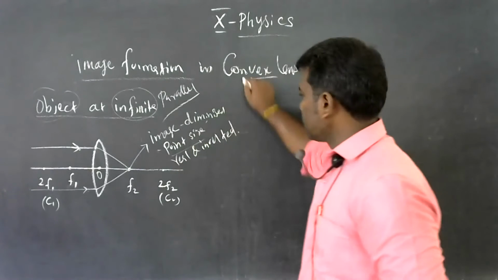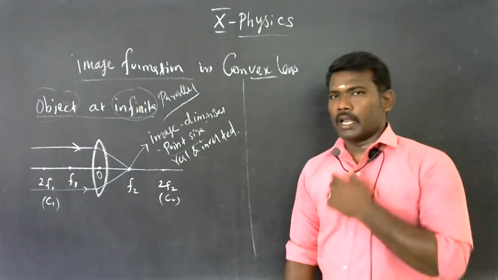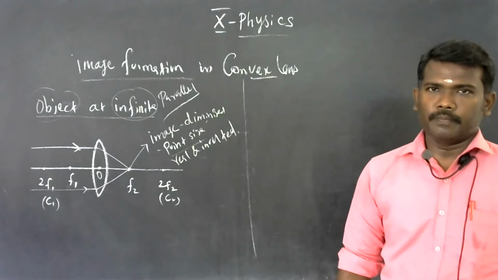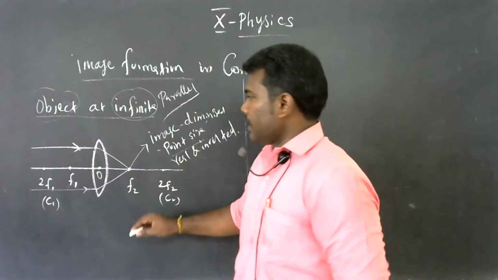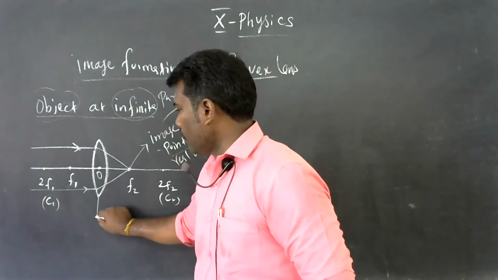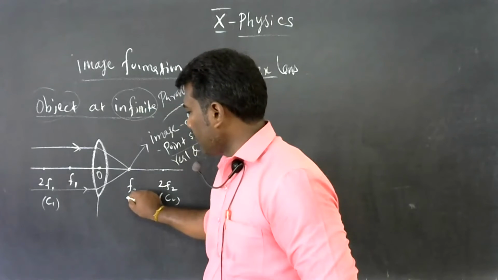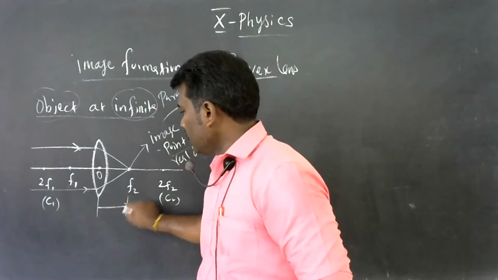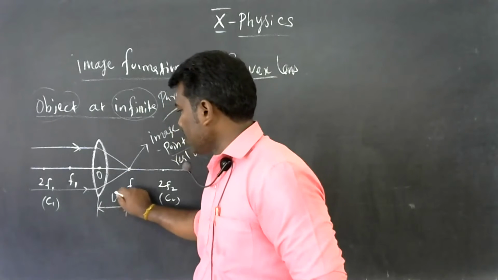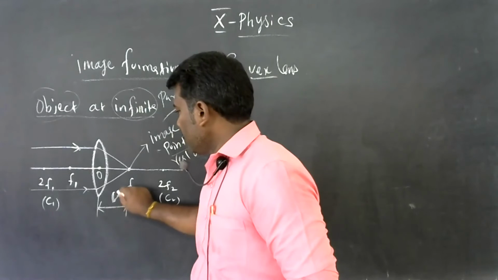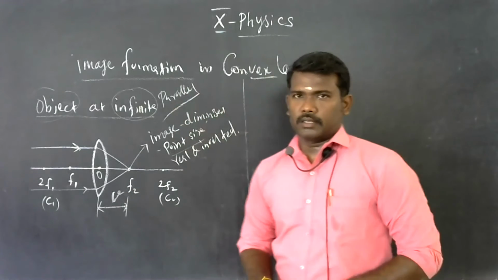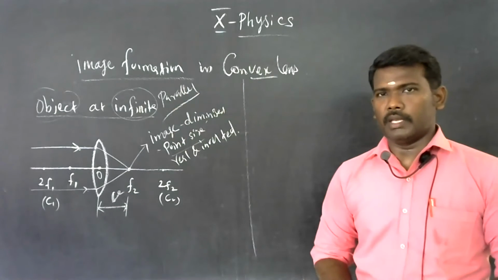It is a point size image, but that image is real and inverted. We can mark the distance between the point O and the point at which the image is formed. This gap is V, the image distance.